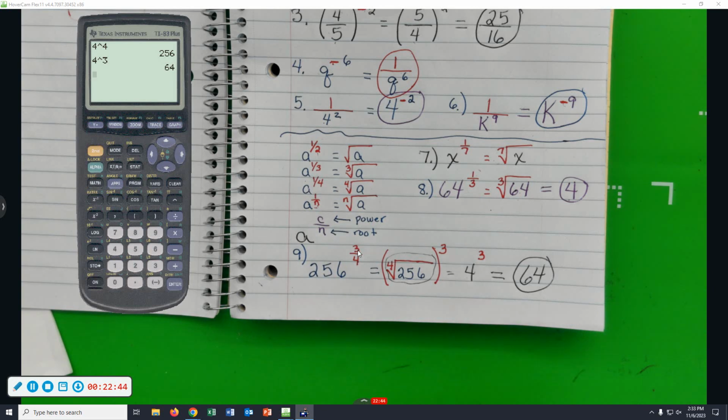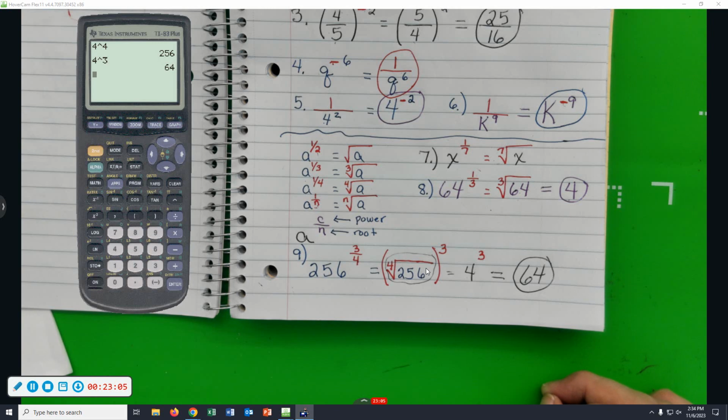Now here's something. You could put the cube underneath the radical, 256 cubed, and then determine the 4th root of that. But in the process, what's 256 times 256 times 256? It's a huge number.